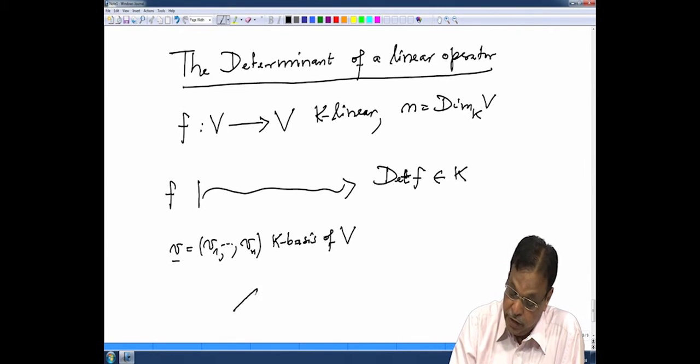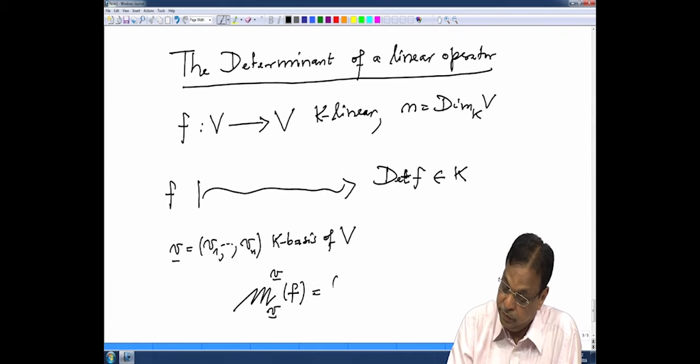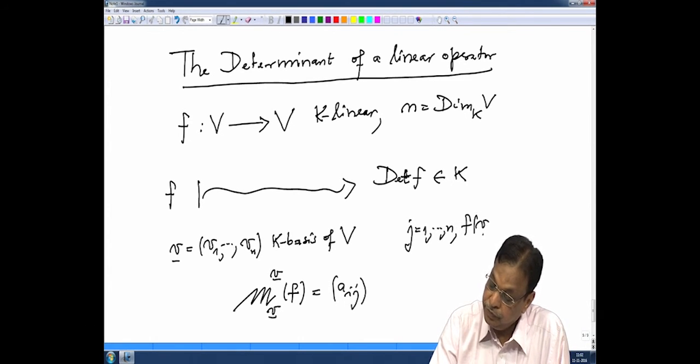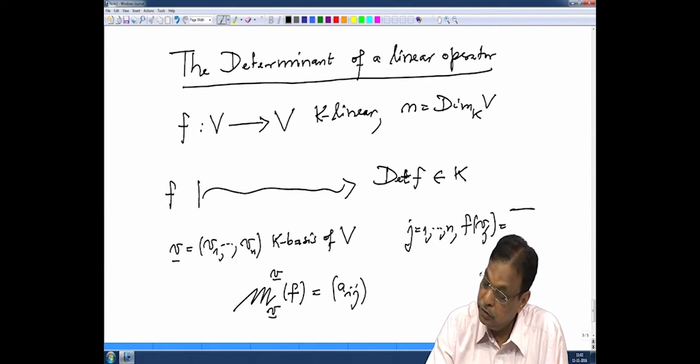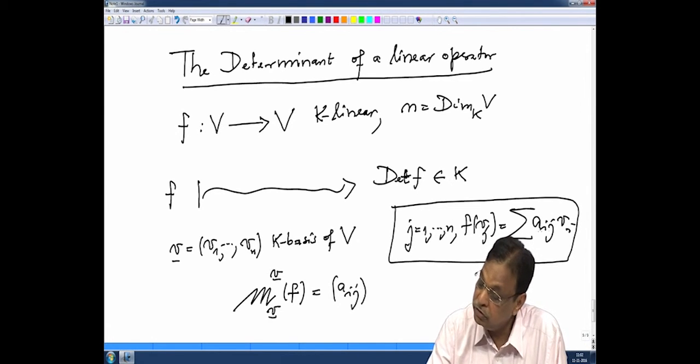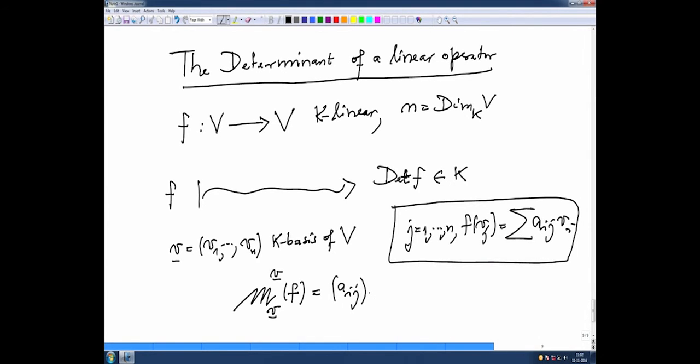So, the matrix of f with respect to the basis V, that is our notation Aij. And remember, these Aij's are defined by the equations for j equal to 1 to n, f of Vj equal to summation Aij Vi. The coefficients of these n equations will give this matrix.